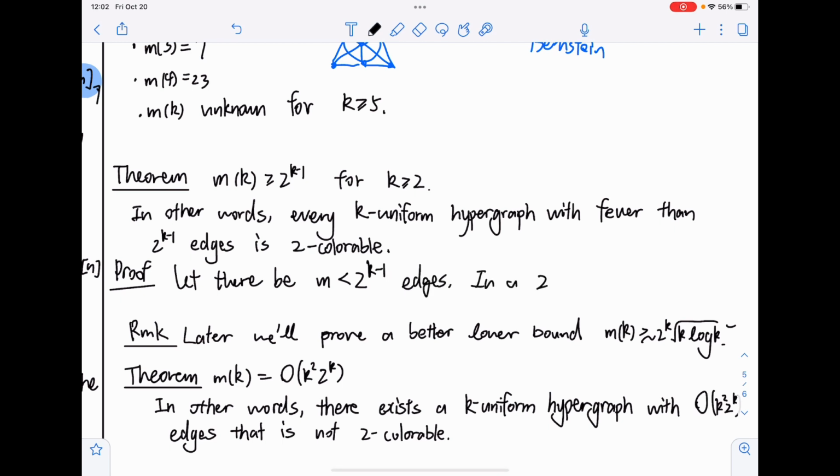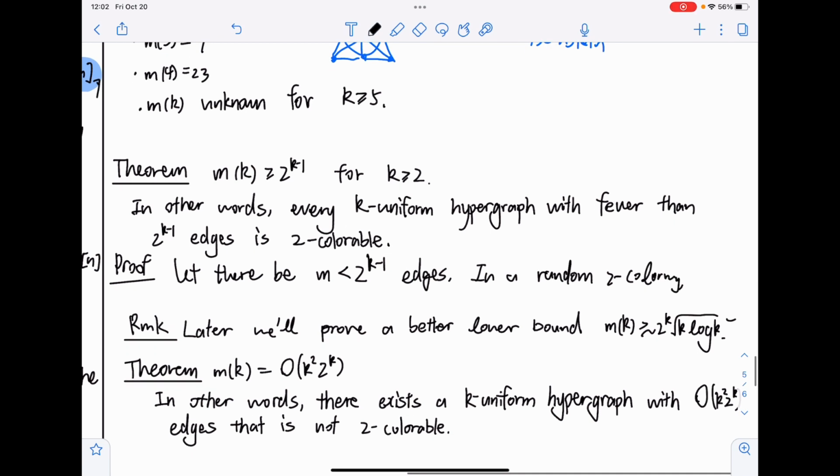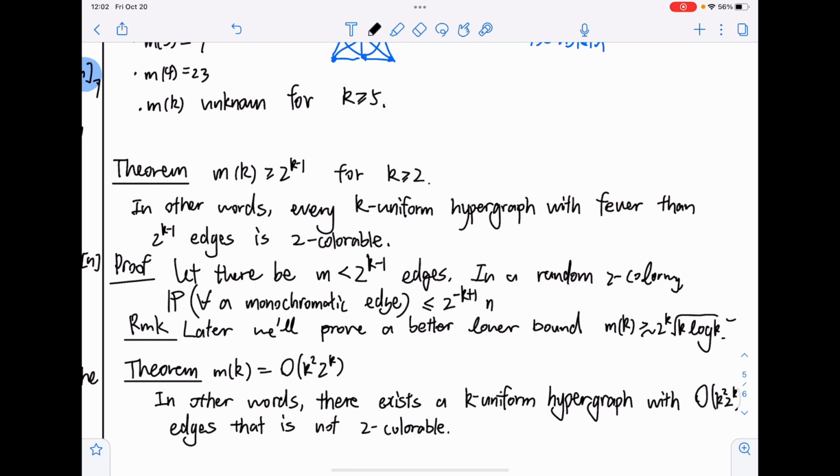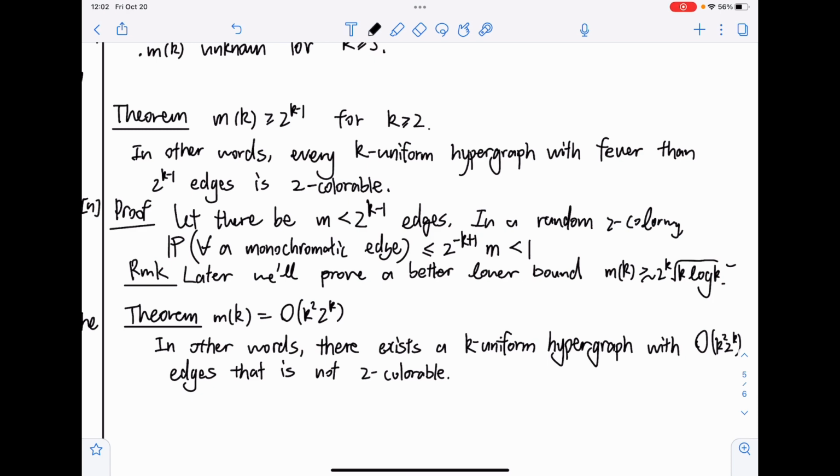In a random 2-coloring, the probability that there is a monochromatic edge will be less than or equal to 2 to the power of minus k plus 1 times m, which is less than 1. Yeah, and it gives us a proof.